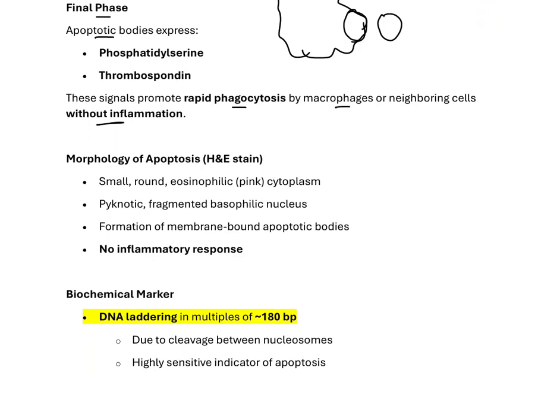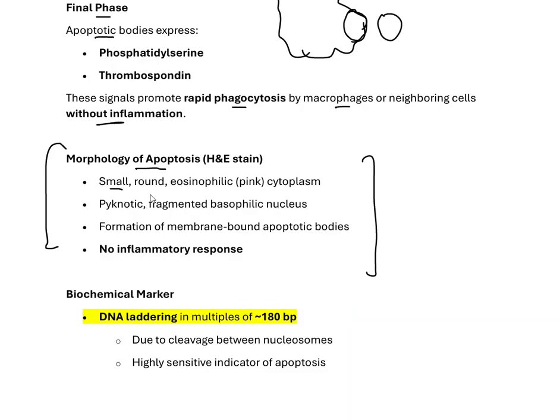So moving on. What are we going to see on morphology? What are the morphology changes when you apply your H and E stain, right? Make sure you remember this. You're going to come back and thank me later, because if you don't remember what you're going to see on the morphology, you may not be able to know that this cell actually died by apoptosis. So what am I looking for?